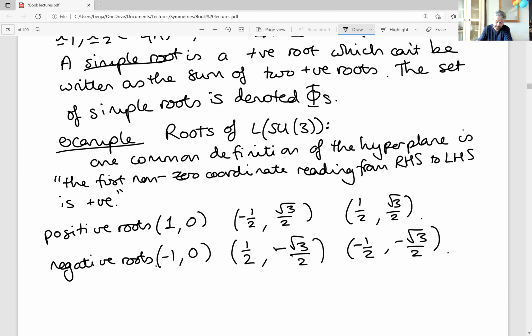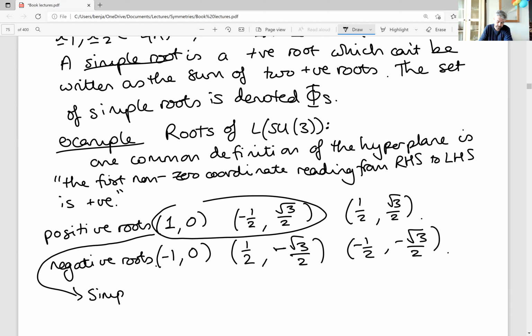Now, the simple roots are these two. And that's because this one is not simple, it's the sum of the other two positive roots.